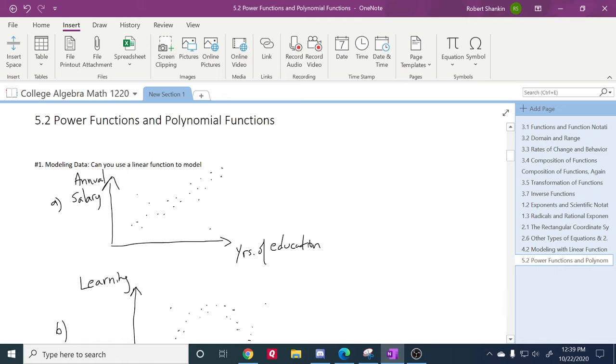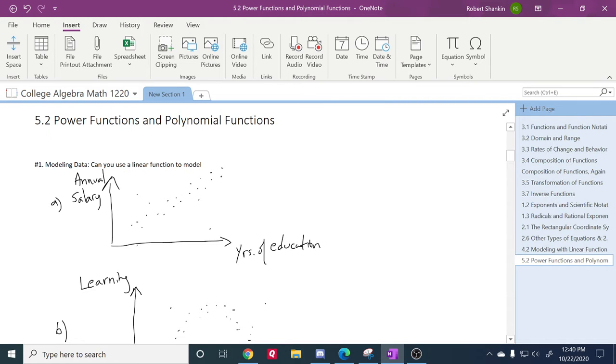Number 1, modeling data. Can you use a linear function to model something like this? Years of education and annual salary. Notice how as the years go up, the average salary also goes up with these scattered dots. There might be some exceptions.